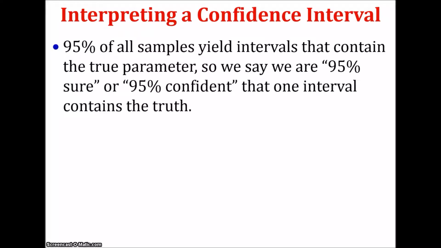When I want to interpret a confidence interval, keep in mind that 95% of all samples that I would take by random sampling would yield intervals that contain the true value of the parameter. So we say that we're 95% sure or 95% confident that one interval based on a single sample contains the true value of the parameter.